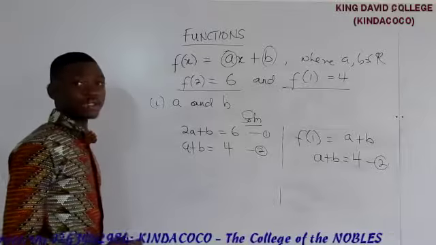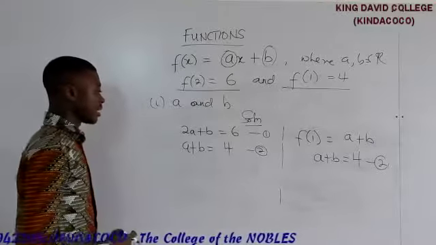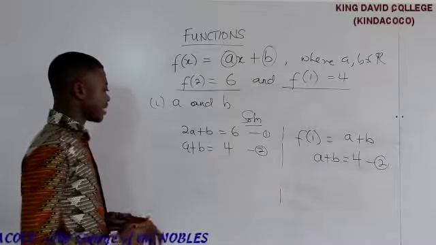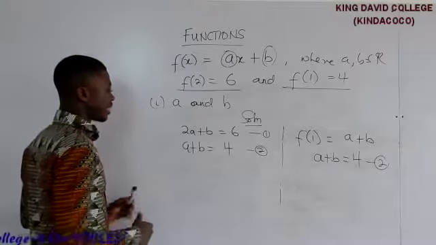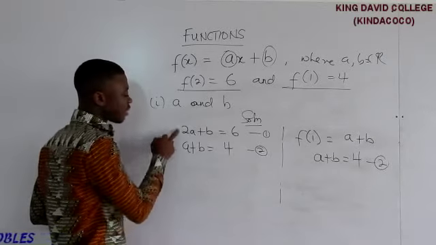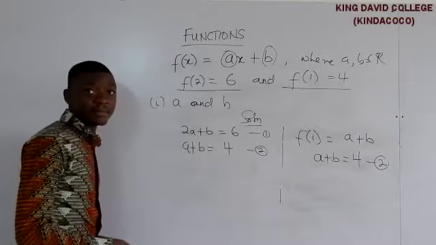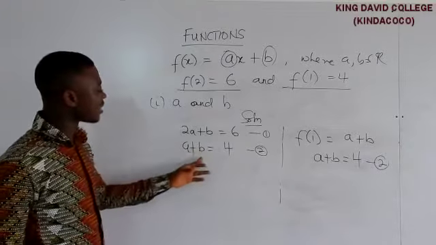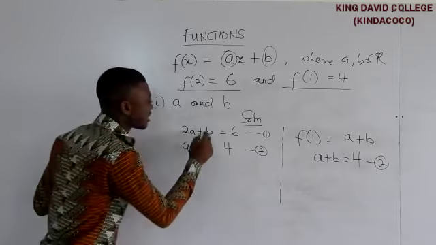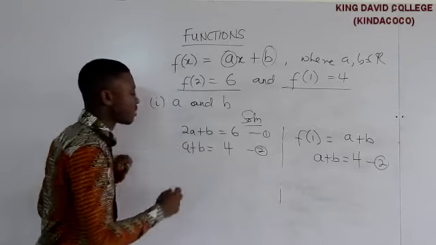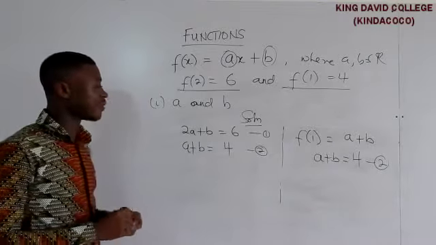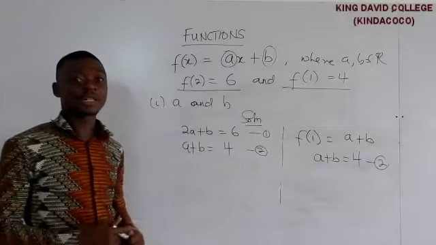With the elimination method, we can either make the coefficient of a the same, or the coefficient of b the same. Here the coefficient of b is the same, because it is 1 in both.